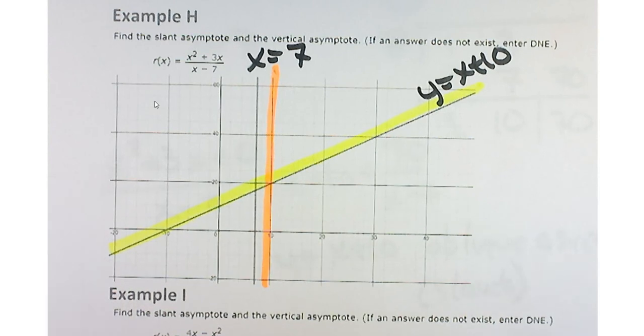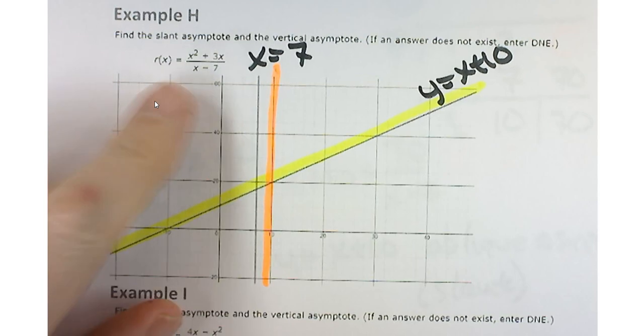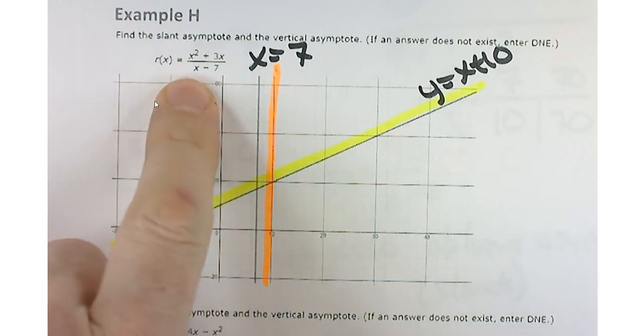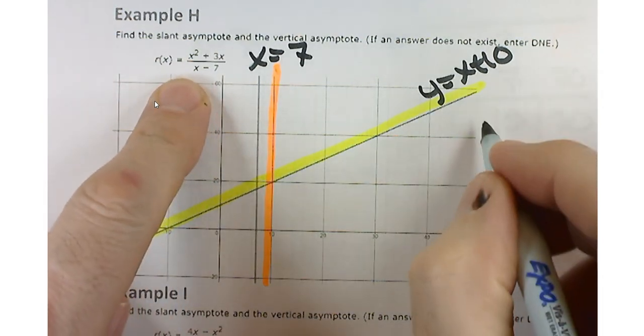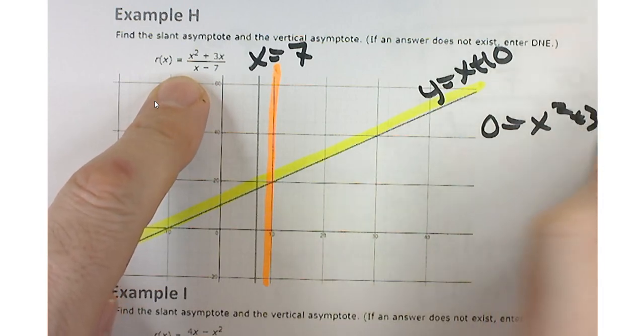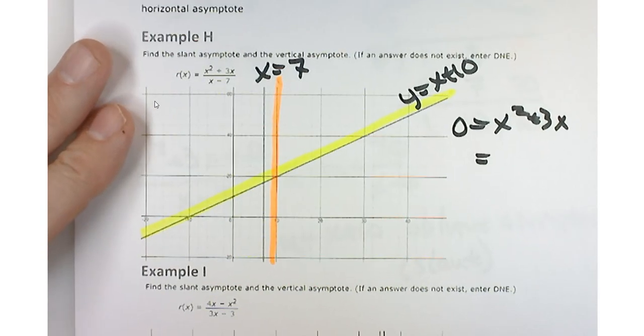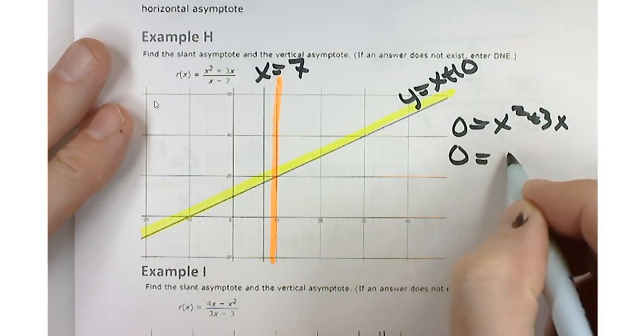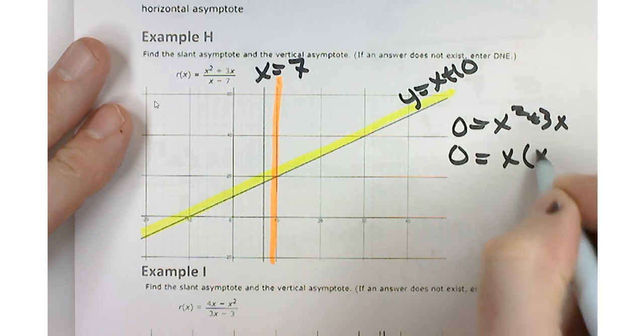If I take a peek at where the numerator equals 0, I get 0 equals x squared plus 3x. Are you going to pull out the quadratic formula for this one? I really hope not.